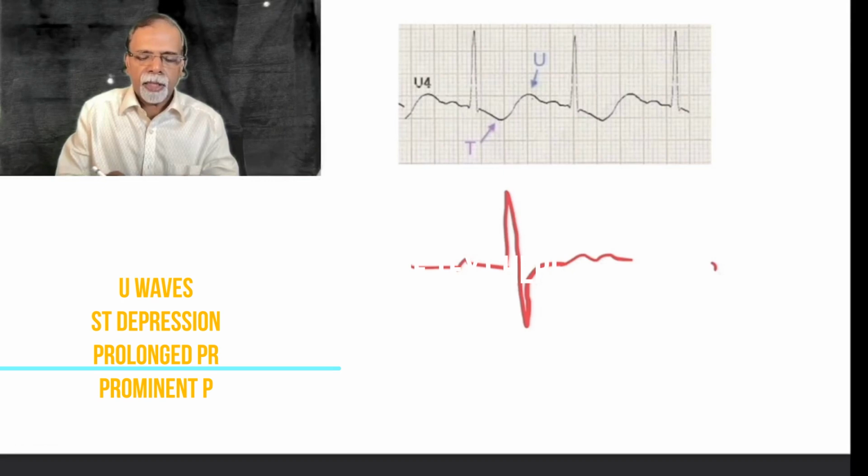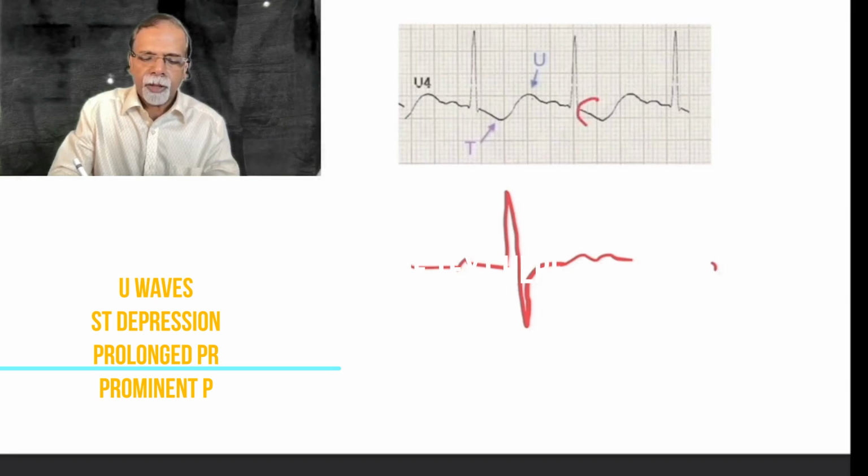So the classical appearance will be in the ST segment, that is, the ST segment will come down, the T wave height will disappear, come down, and will be replaced with the U wave. So this is the U wave.